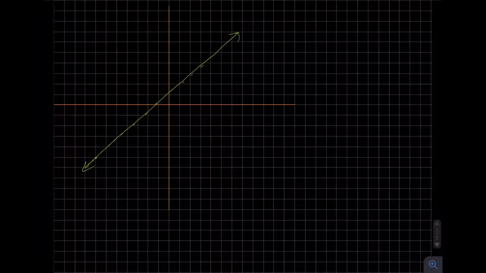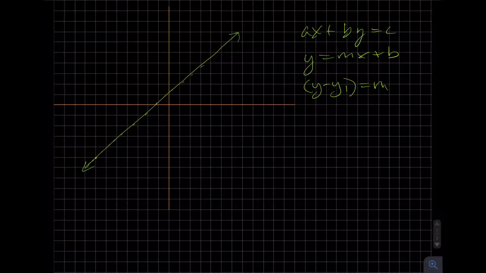That would be something that looked either like this, Ax + By = C, standard form, or y = mx + b, which is slope-intercept form, or y - y1 = m times the quantity x - x1, which is point-slope form. Or if I just had a jumble and I had an x and a y, it would be a linear equation in two variables.